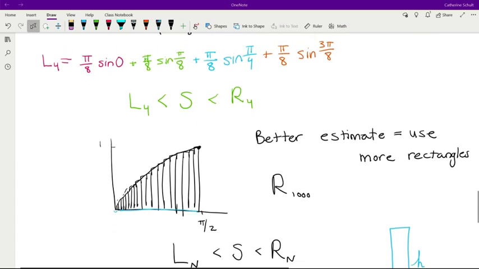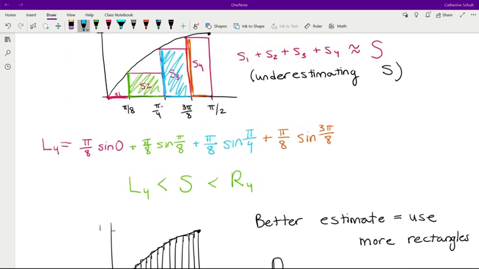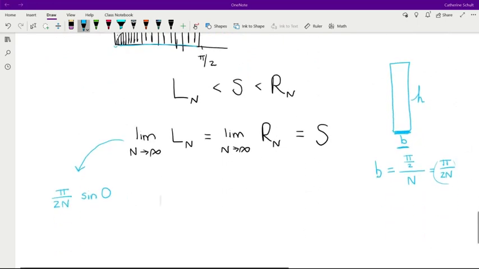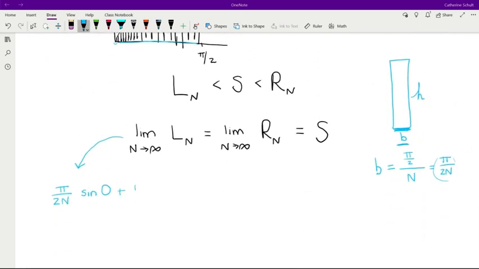So we can determine the left endpoint by looking at multiples of the base. So for instance, your next left endpoint is going to be the starting point plus one base of the rectangle.